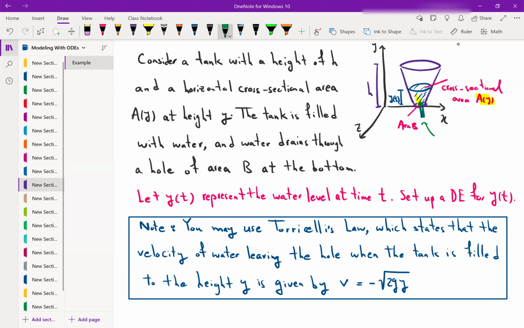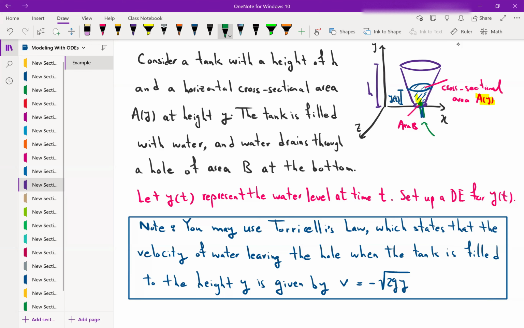It says that you may use Torricelli's law from fluid mechanics, which says that the velocity of water leaving the hole when the tank is filled to the height y is given by v equals negative square root of 2gy. This g is the acceleration due to gravity. We saw it in several of the previous problems, approximately 9.8 meters per second squared.